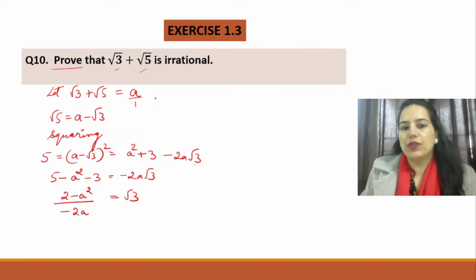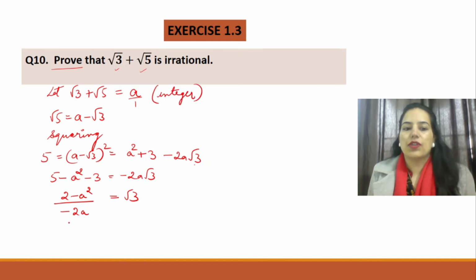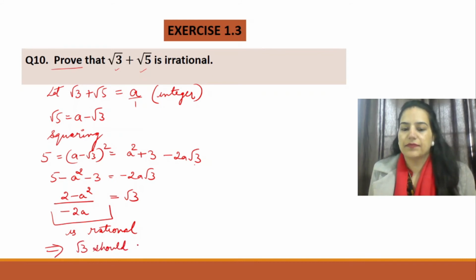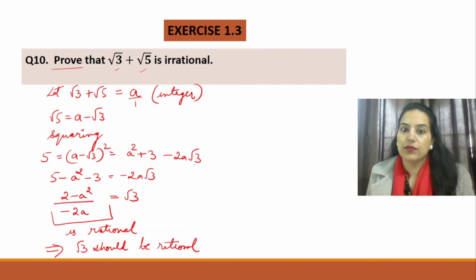Now a, we knew that it's an integer. We already declared it to be a rational number. So now here this expression is rational, which implies root 3 should be rational. But we already know that root 3 is irrational.